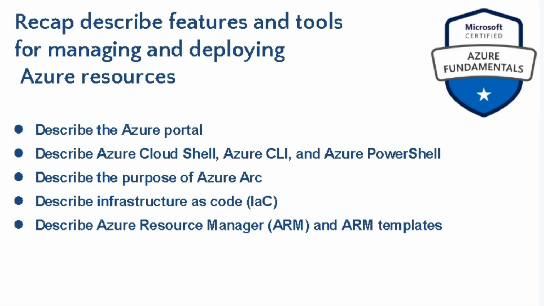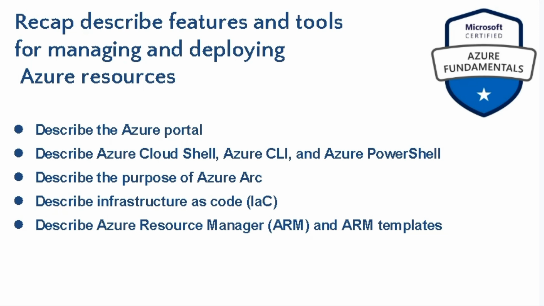So here's a quick recap of what we learned today. We learned to describe features and tools for managing and deploying Azure resources. I walked you through how to navigate the Azure portal and gave you a quick explanation of what the Azure portal is for your AZ-900. We described the Azure Cloud Shell, where you run commands on the web. The Azure CLI is a command line interface.